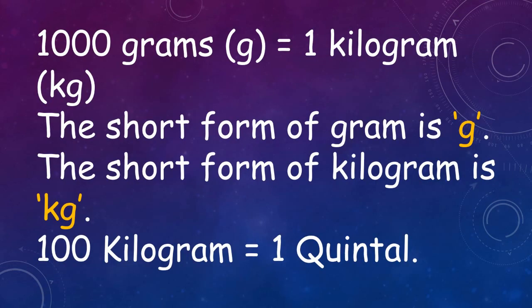Here you can see a table of measurement of weight. 1000 grams is equal to 1 kilogram. The short form of gram is small g. The short form of kilogram is small kg. 100 kilograms is equal to 1 quintal.